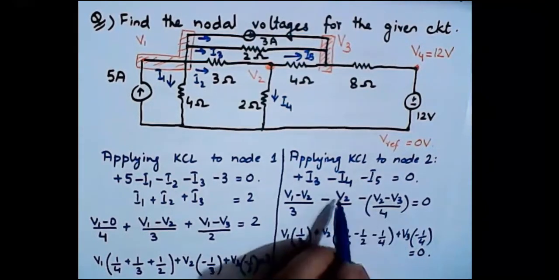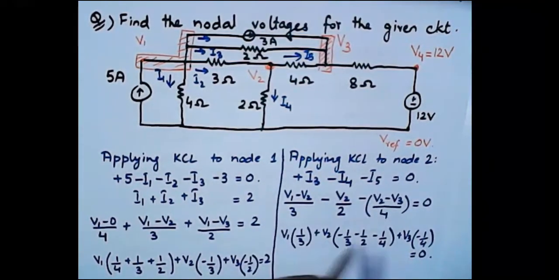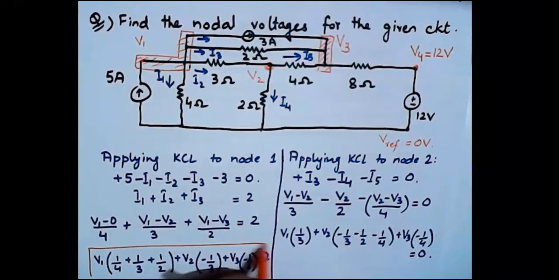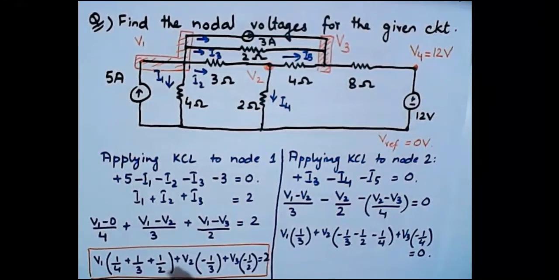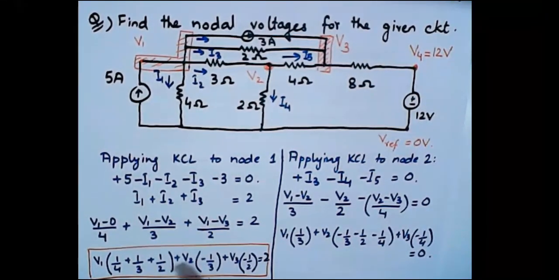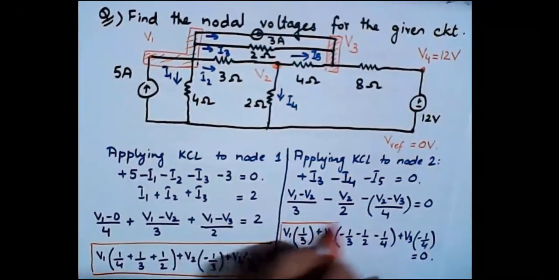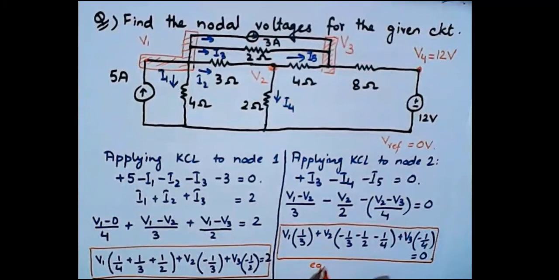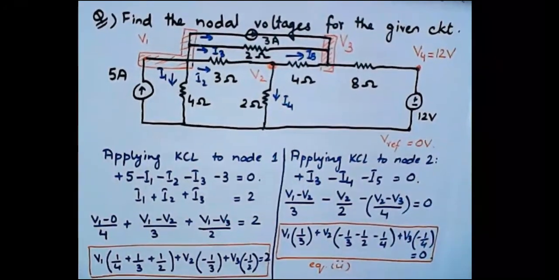We had 5 terms, right? So we have now the two equations. This can be called equation 1 and this can be treated as equation 2, right?